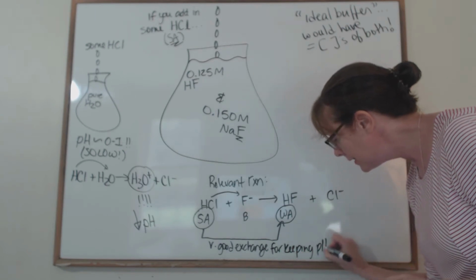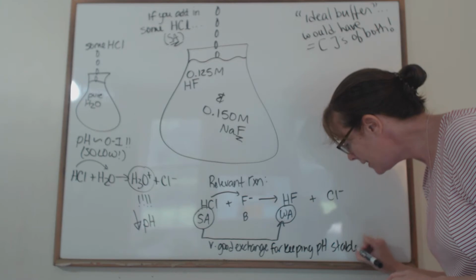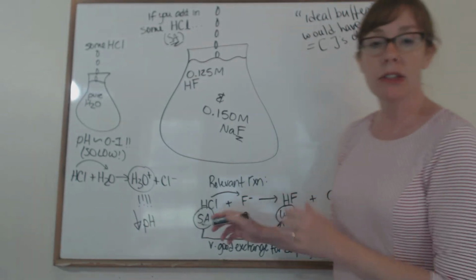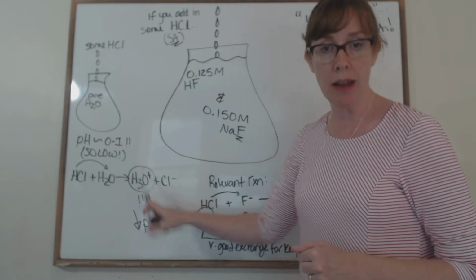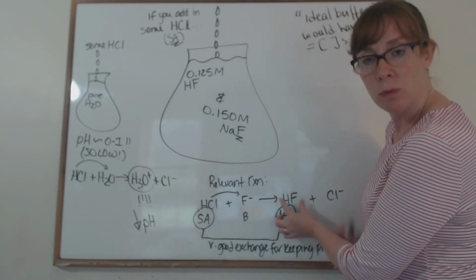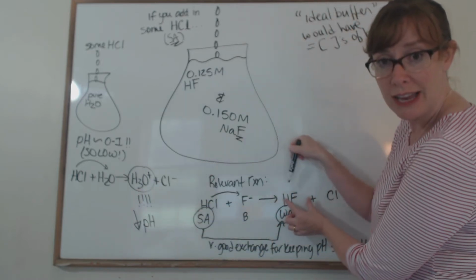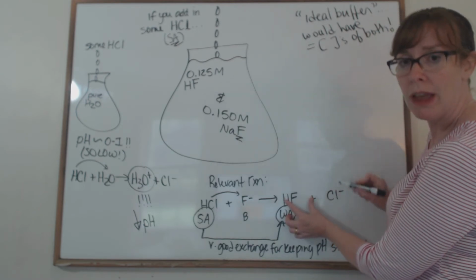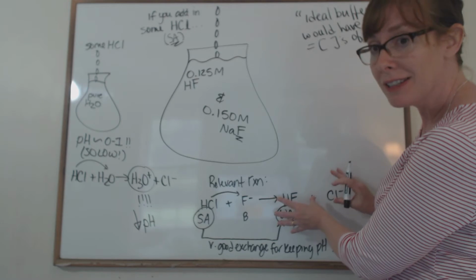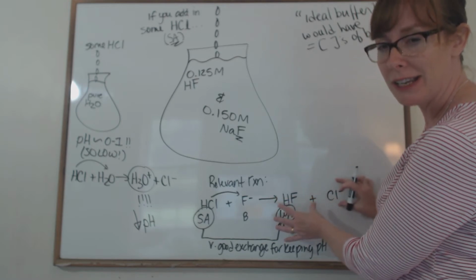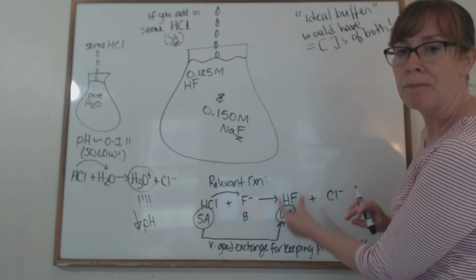Because the strong acid would have killed your pH by producing a ton of hydronium ions, whereas the weak acid, which you turned it into, HF, and the chloride ion, are different. The chloride ion is just one of your pH neutral ions. If you remember, he was on your list, so he's not going to do anything.